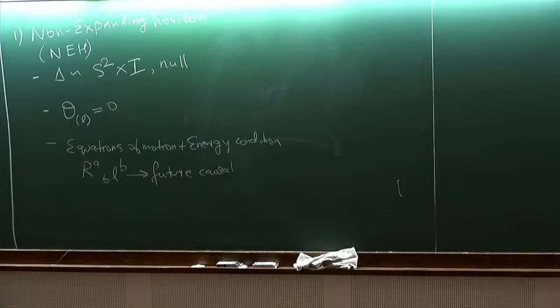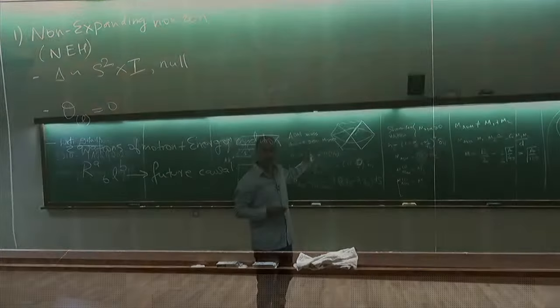If we were to imagine the Schwarzschild spacetime with not infalling radiation but radiation going transverse, this would still hold. This would still be null, and you would still have radiation going in this way, but not falling into the black hole. And there do exist solutions of that kind as well.